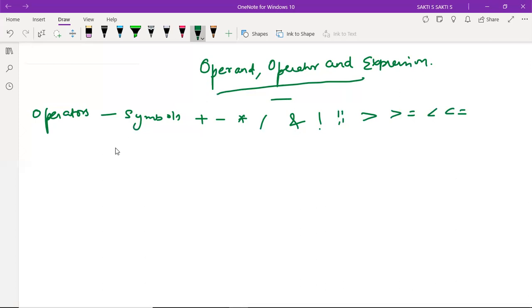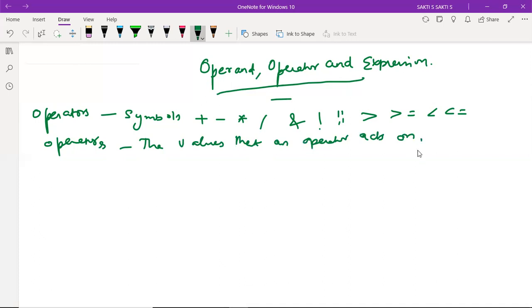The values that an operator acts on are called operands. So, with the help of operators, you can have these values. The values that an operator acts on are called operands.